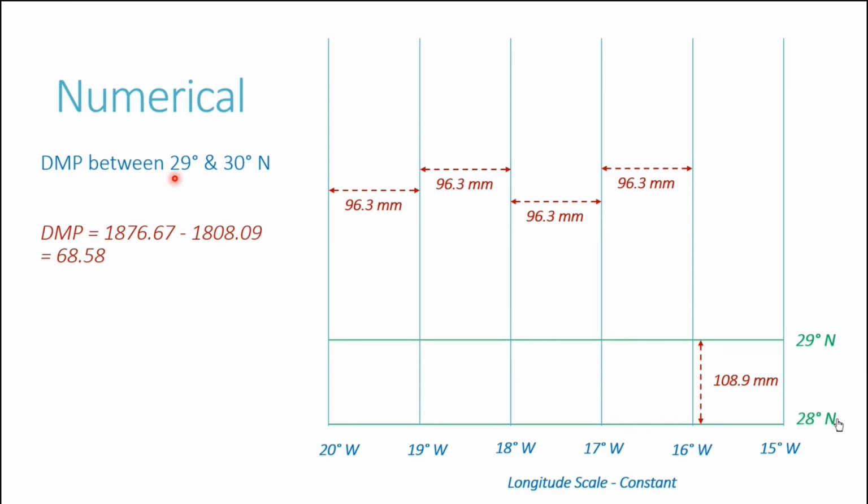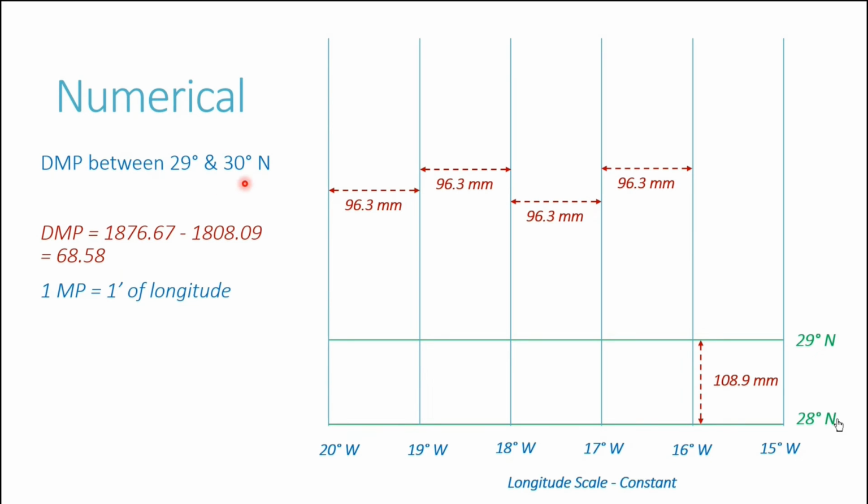1808.09 is the meridional parts for 29 degree parallel of latitude. 1876.67 is the meridional parts for 30 degree parallel of latitude, and their difference comes out to be 68.58. Now we know one meridional part is equal to 1 minute of longitude.